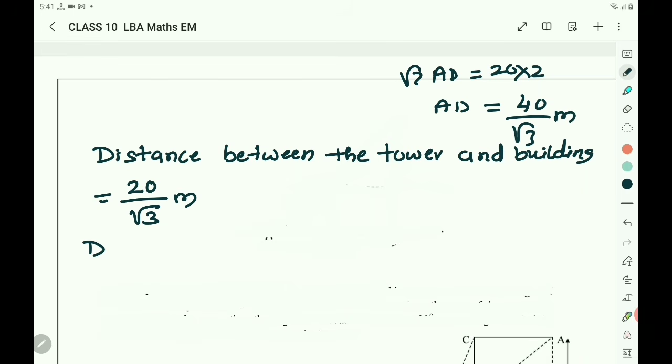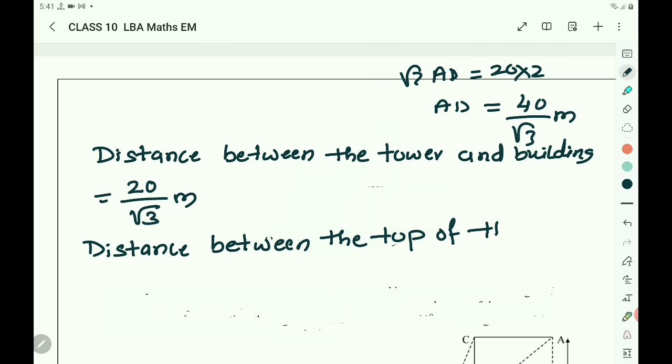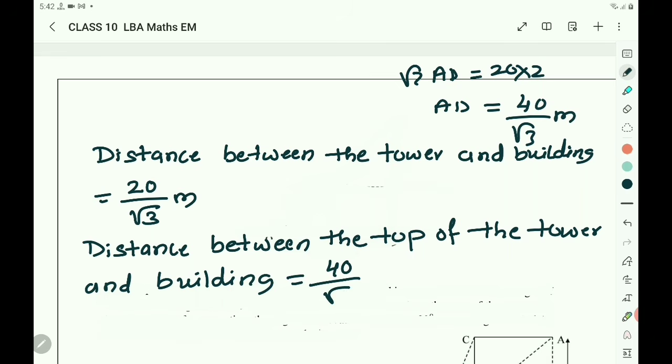Then distance between the top of the tower and building equals 40 by root 3 meter.